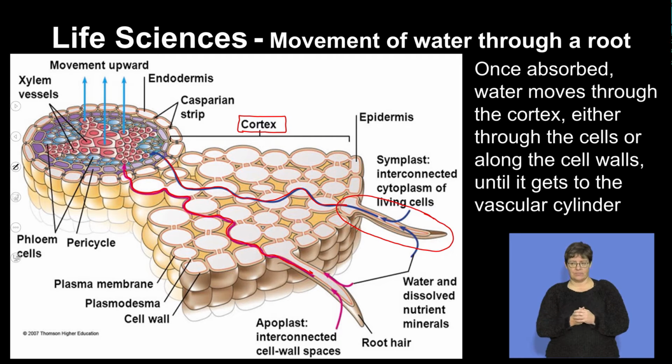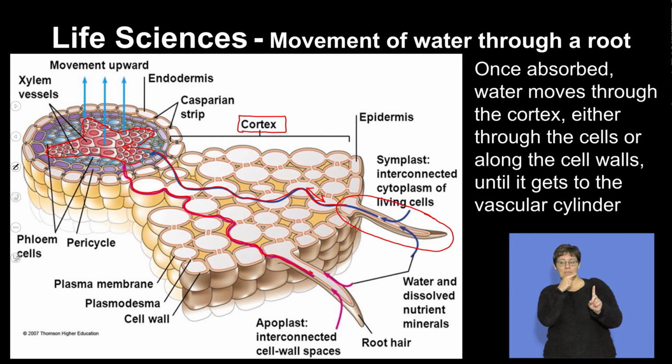This movement is also done by diffusion if it's moving along the cell walls, and osmosis if it's moving from cell to cell. It's got to get into the xylem here in the center. That's the xylem star.